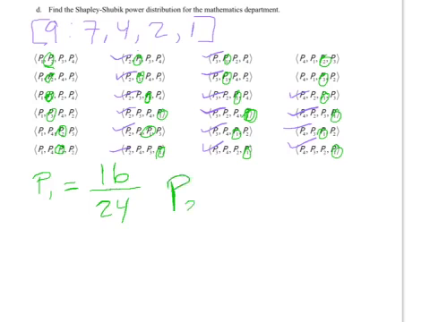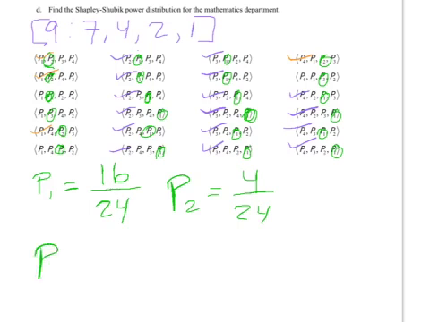And then player 2, out of 24 times, player 2 is pivotal once, twice, 3, 4 times. Total of 4 out of 24 times.